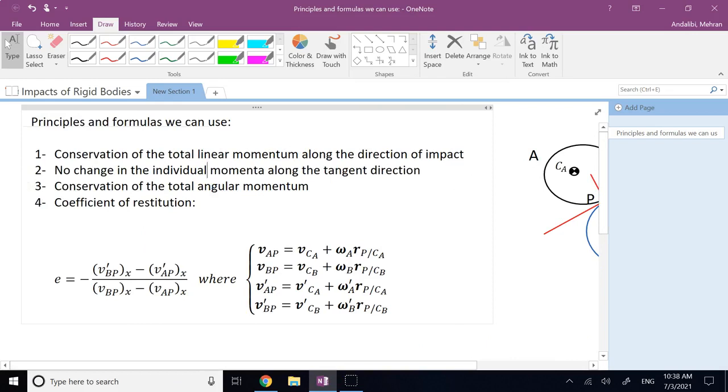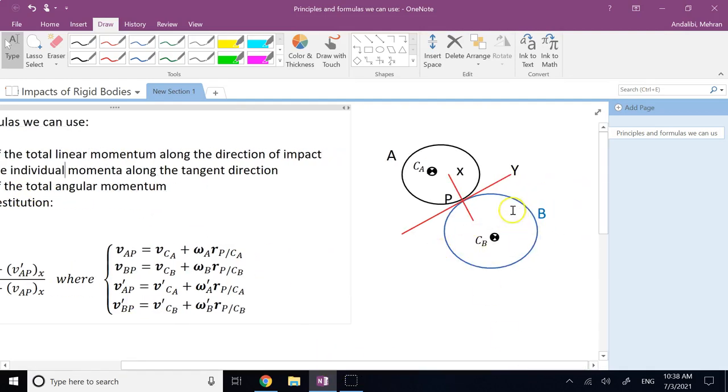And then conservation of the total angular momentum. If we can find a point about which the total moment is zero, then we can say that the total angular momentum about that point is not going to change, right?